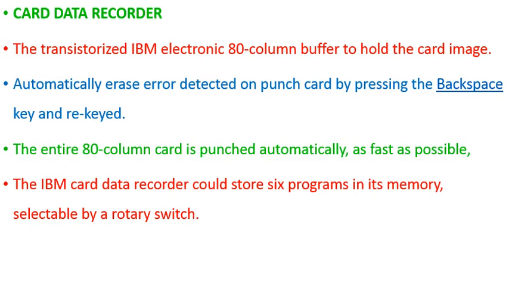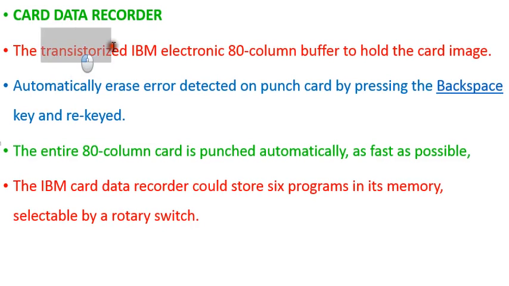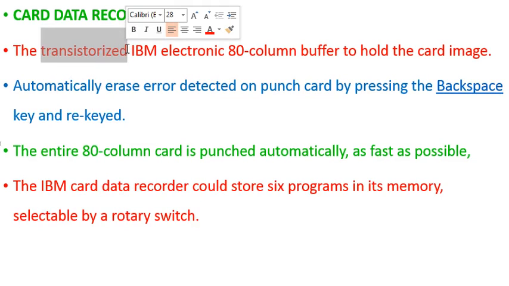So the next item under this central preparation equipment is what we call the card data recorder. And this card data recorder is like an advanced key punch machine. It is made using transistors. That is, it's changed from mechanical to an electronics version.